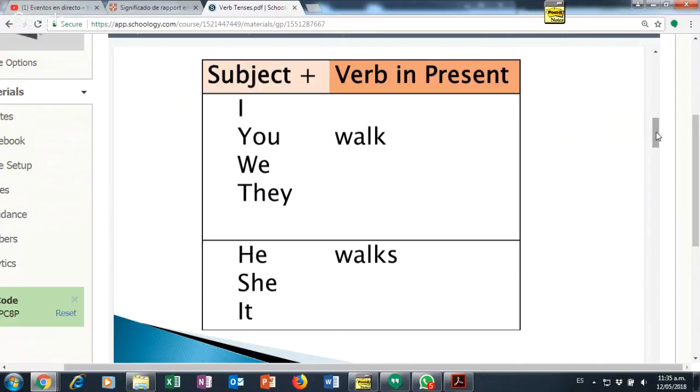All right, so what I want you to do is, when we come back from the recess, on your notebook, draw a board. How would you structure the board to teach the simple present?